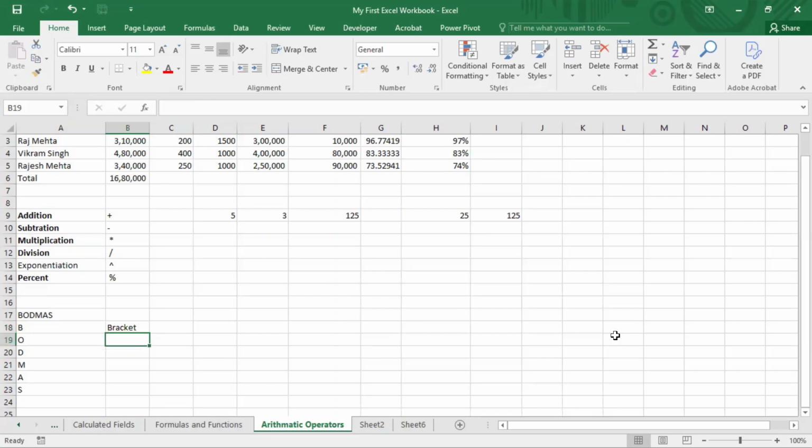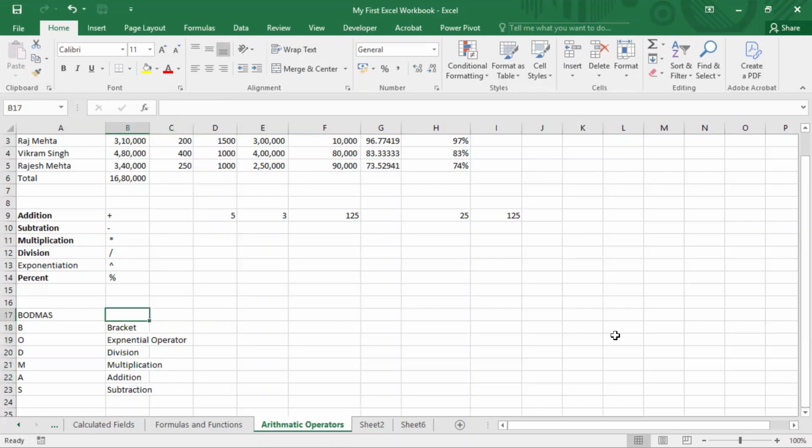Then the exponential operator, then division, then multiplication, then addition, and then subtraction. This is the order in which it will be executed.